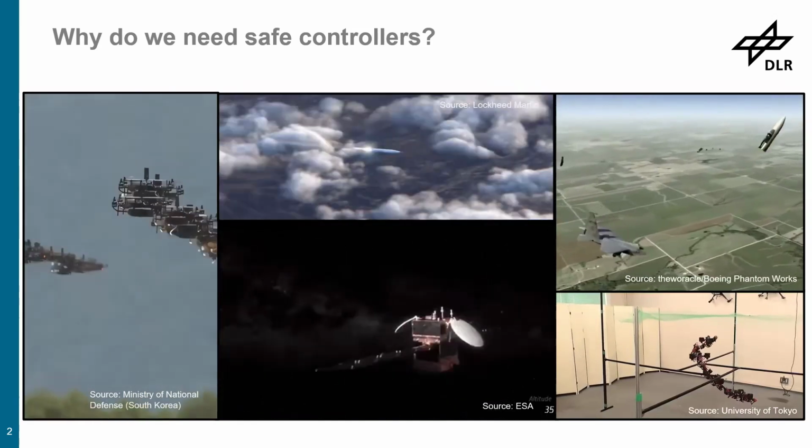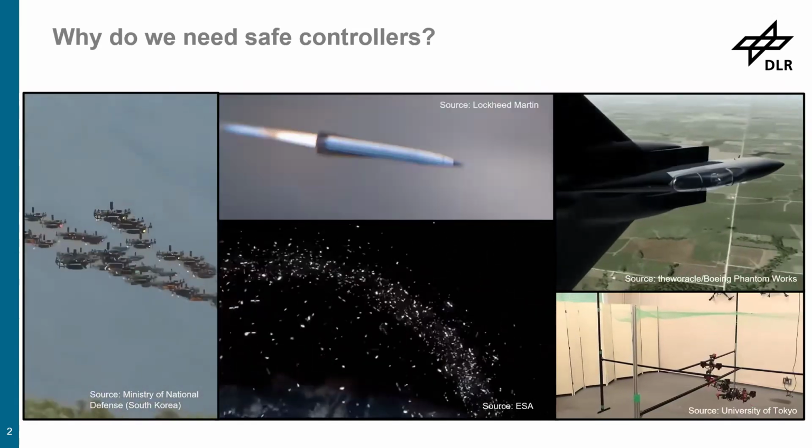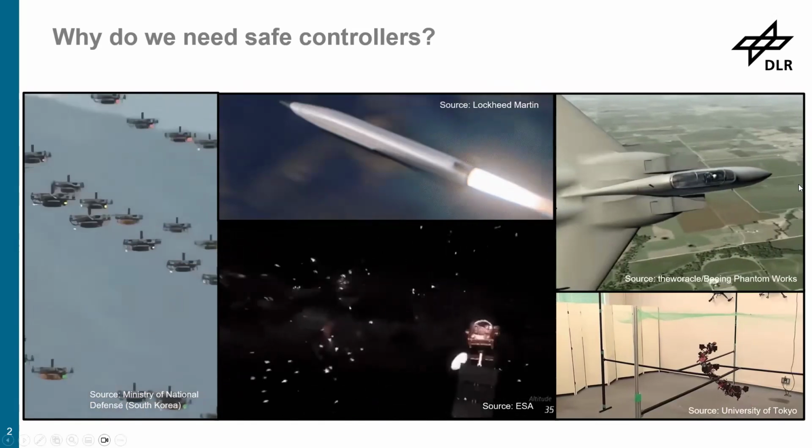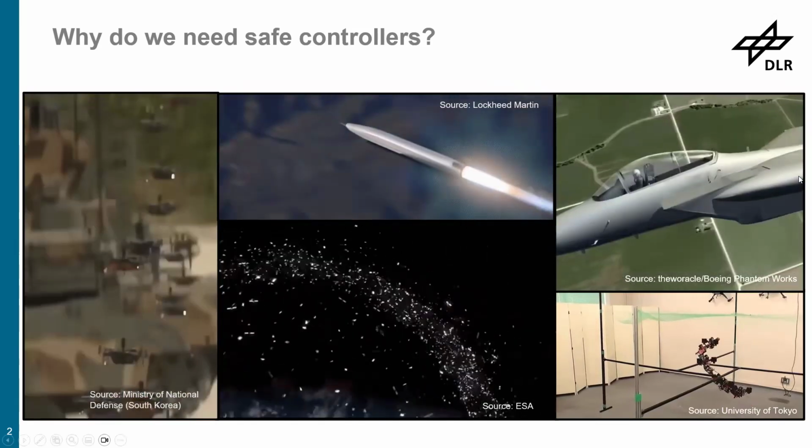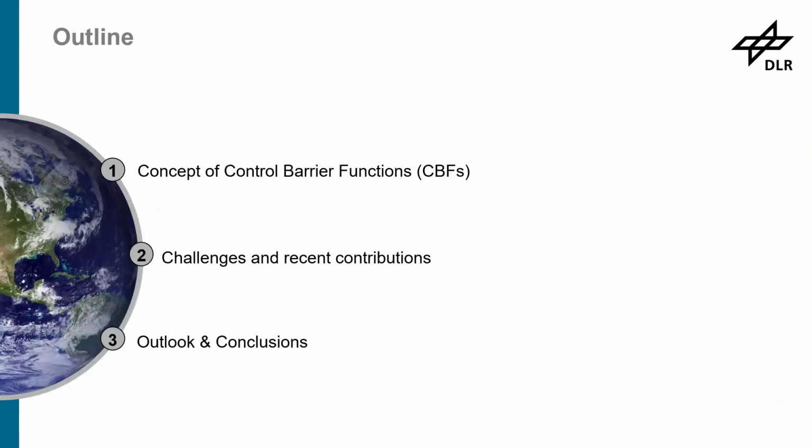However, yet we don't know how it works. Some of you do, others maybe don't. So in the first part of the presentation, I will try to highlight the concept and the mechanism of control barrier functions.